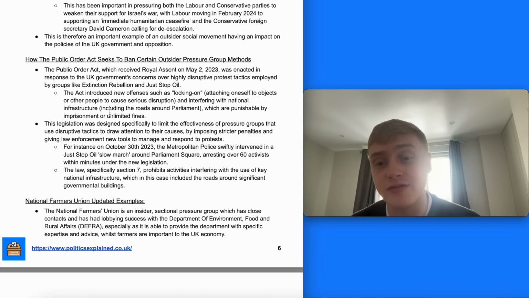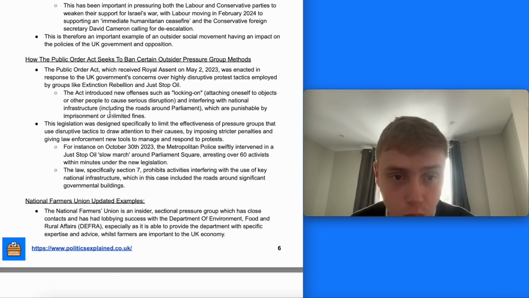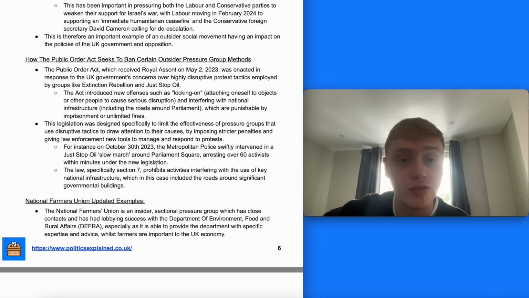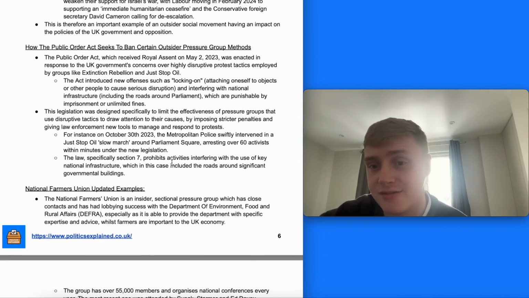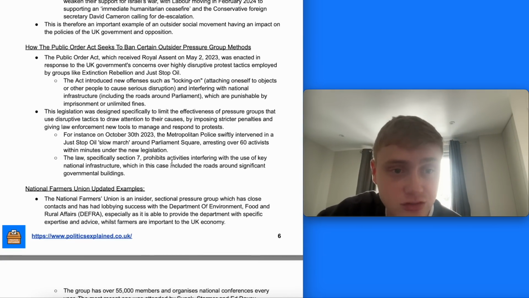And this can be used effectively as an example of the infringement on rights and the right to protest in the UK, and how the government is threatening rights, and also how government action is limiting the effectiveness of outsider pressure groups. And there's an example here of the Act being used in October 2023 to limit the effectiveness of Just Stop Oil, an outsider pressure group.